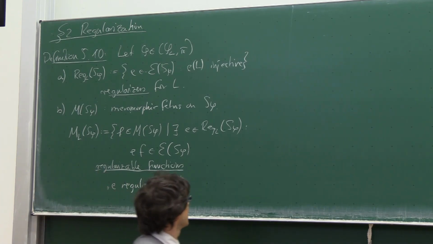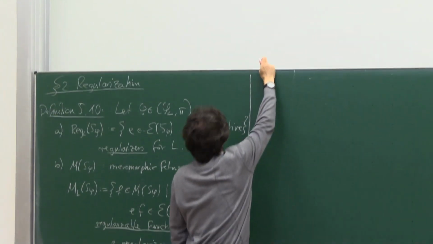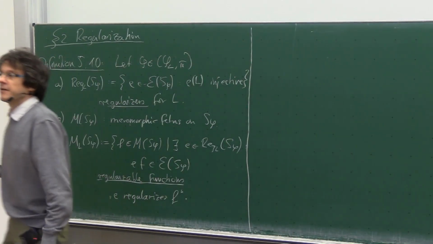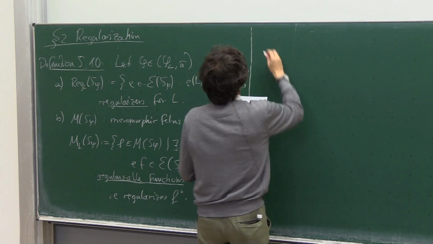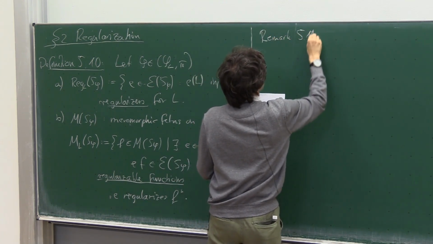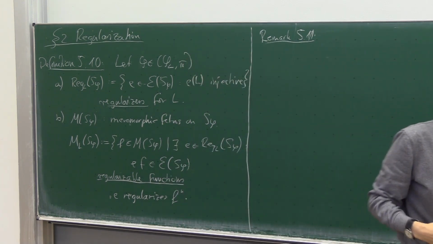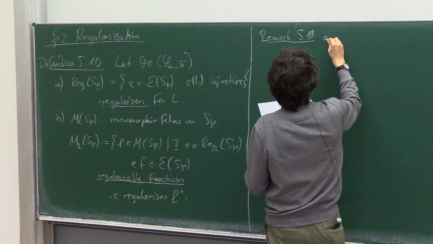So for E to regularize F, you need two things. First, E is a regularizer, so E is in the Dunford-Riesz class and E of L is injective. And second, E times F is in the Dunford-Riesz class. Evident first question: could it be that this set of regularizers is empty? That would be bad. The answer is no, this cannot happen.